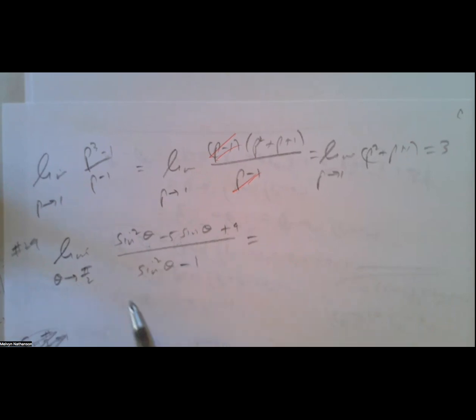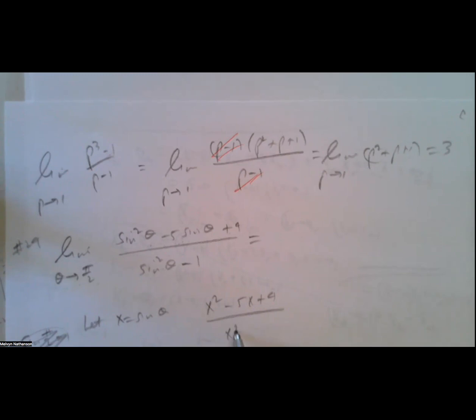And this looks like a polynomial or a rational function in sine theta. Suppose we let, just to simplify things, x equals sine theta. Then what we would have in this problem is x squared minus 5x plus 4 over x squared minus 1.